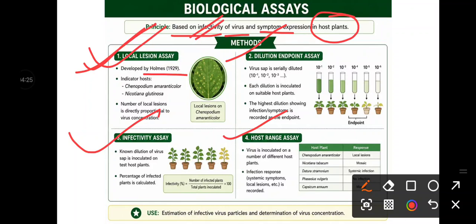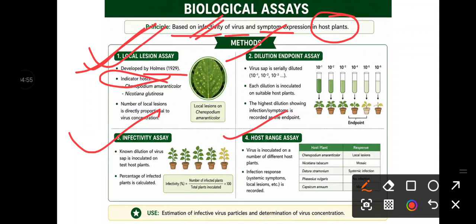So local lesion assay was developed by Holmes in 1929. What do we use? We use an indicator host plant. Indicator host plants are special kinds of plants in which that particular virus, when inoculated, will produce some specific symptom.